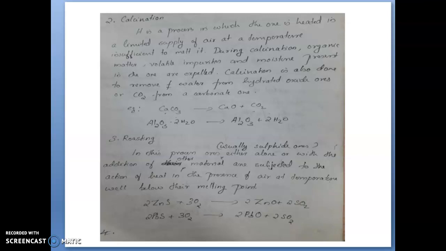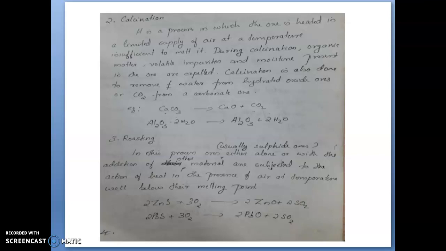In smelting, metal oxides obtained during roasting can be reduced to metal by heating with carbon at elevated temperature. Examples are given here; you can just go through this. Also, in this process, some additional substance is added to remove the impurities.